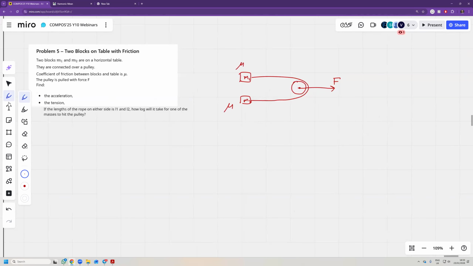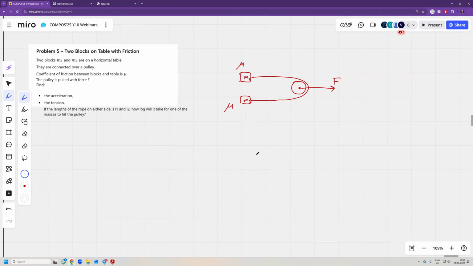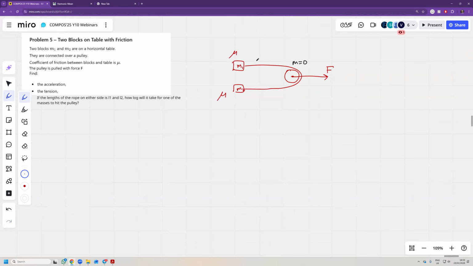Right. So in this case, we have to say that the mass of the pulley is 0. Let's call it M pulley, MP equals 0. So we start with the top block. The top block is M1. It has a friction force backwards, which is mu times N, and there's a tension force pulling it forward.